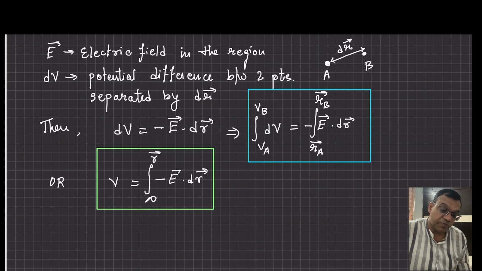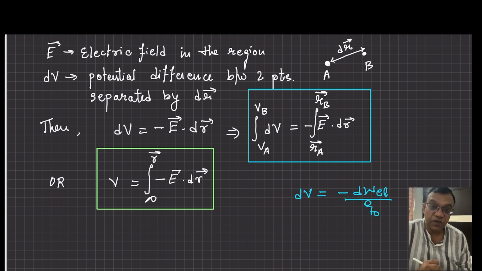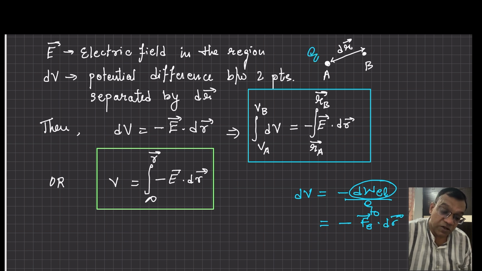Then from the very basic definition, what we have just seen, the potential difference between 2 points is negative of the work done by electric force in taking the unit positive charge from A to B. So dV is equal to negative of dW_EL. Now, work done by electric force can be written as electric force dot dr. Let Q naught be the charge, and E the electric field.